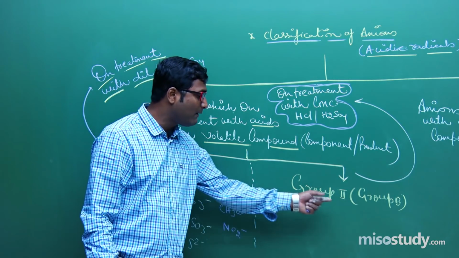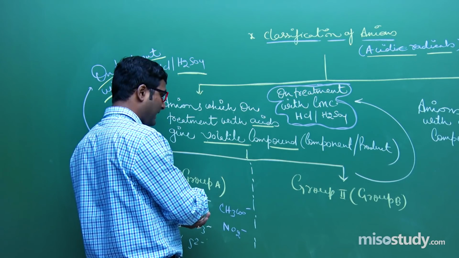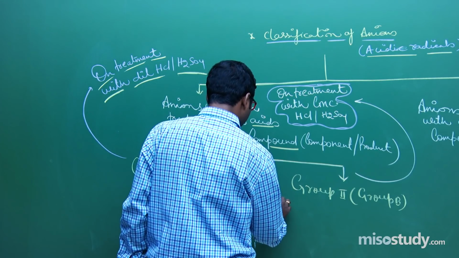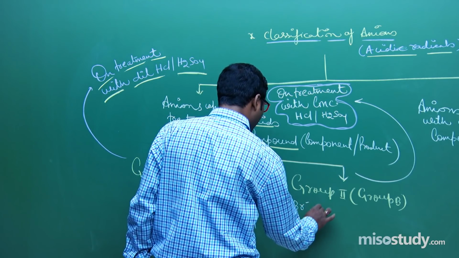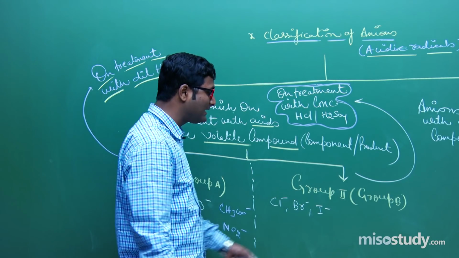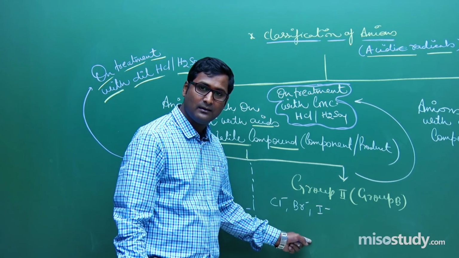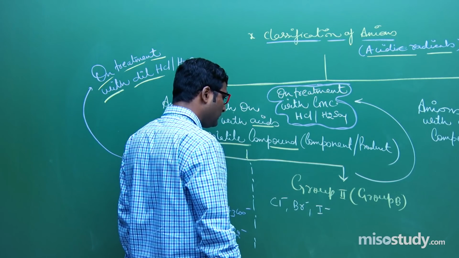Now if I talk about group 2, in this case there come Cl minus, chloride, Br minus, bromide, I minus, iodide. Clear to you? Now tell me what will come.